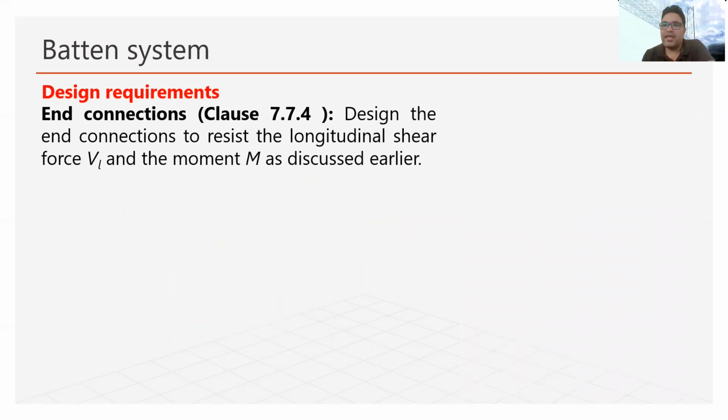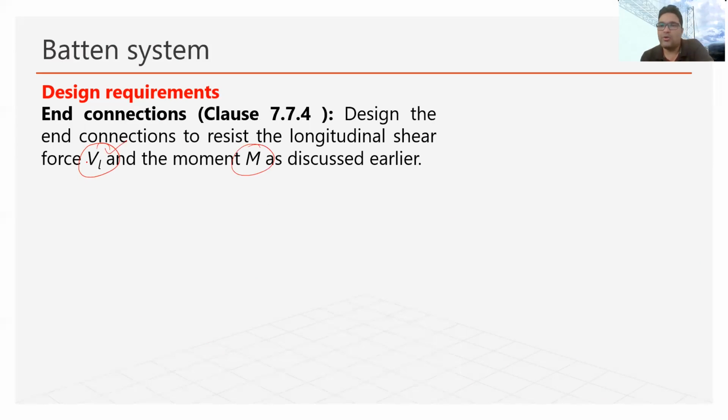Next is the end connections. Well, when we use the batten system in the built-up column, we are also supposed to design the end connections. Now these end connections may be in the form of welding, maybe in the form of rivets or bolts. So in case of batten system, we design the end connections for VL and M. Now what is VL?